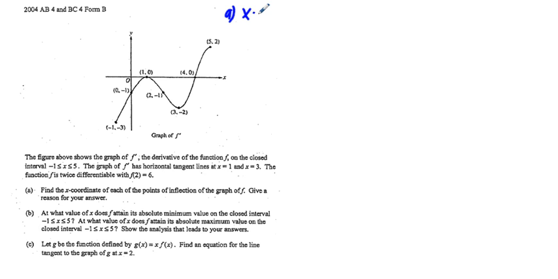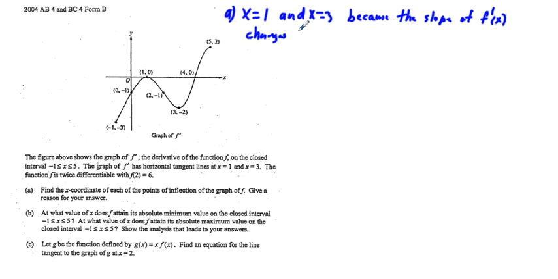So we'll say at x equals 1 and x equals 3, because what I just said, I'm going to put in writing now: the slope of f prime of x changes from negative to positive or positive to negative.